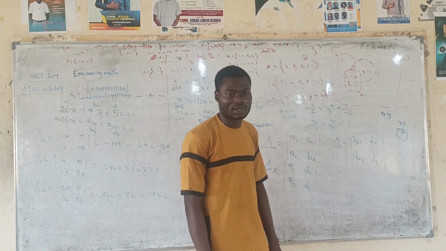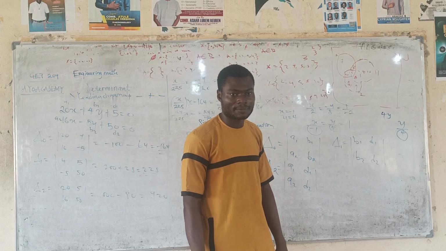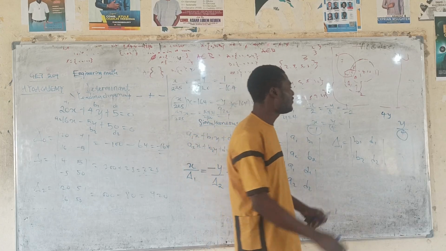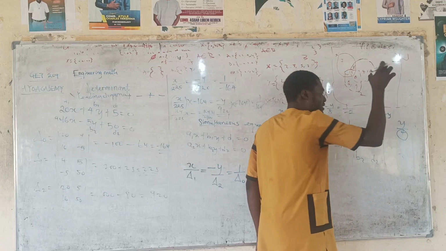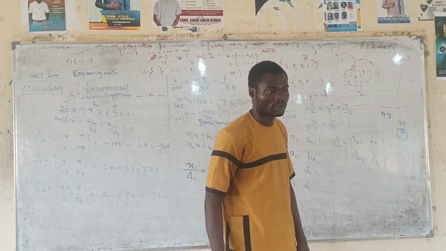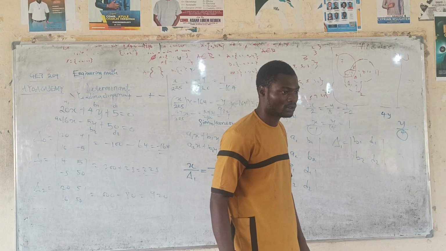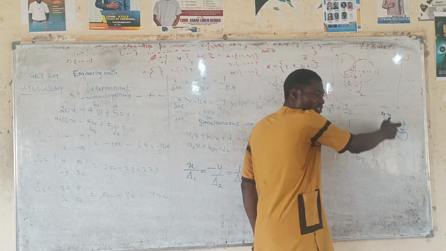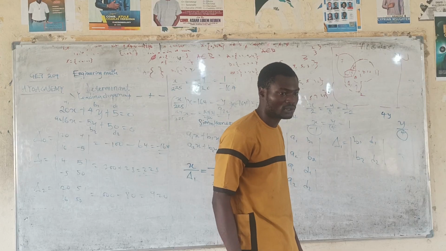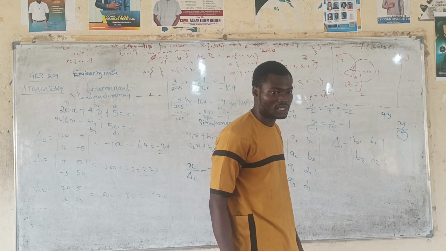What do you think will be the answer? If it is not occurring as a fraction like this, but now occurring like this, what will be the answer? There is no fraction at all. You can tell us the answer.